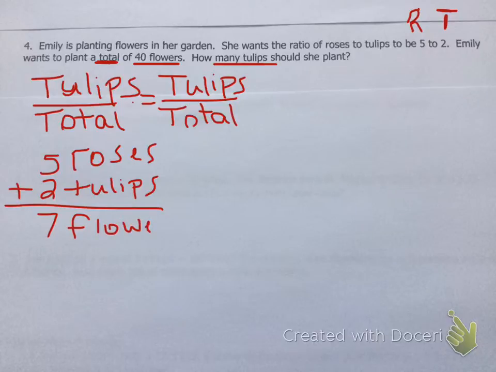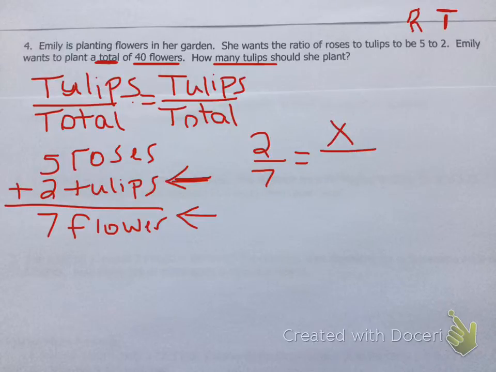So we need to figure out, we have tulips and total flowers, 2 tulips for every 7 flowers. We want to know how many tulips for a total of 40 flowers. There's your correct proportion you're going to use to solve.